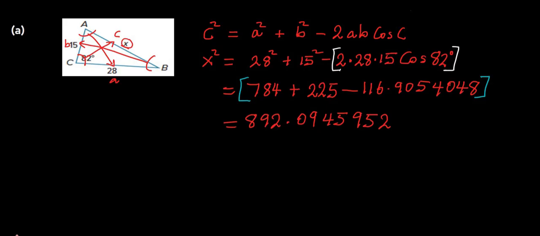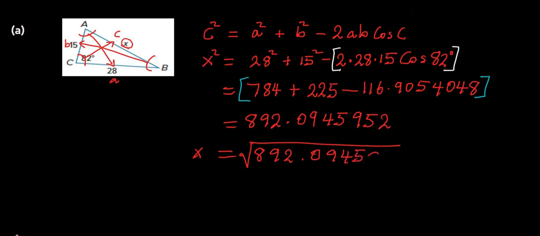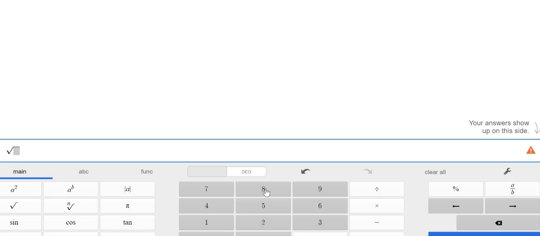At this point we have to take the square root of both sides. So the square root of x squared is x, and we have to find the square root of 892.0945952.